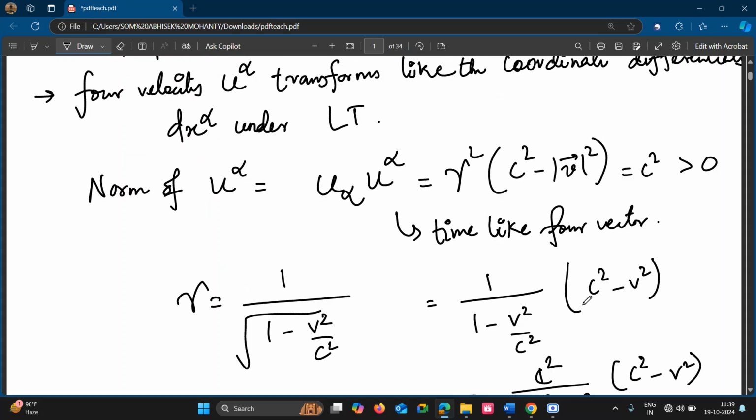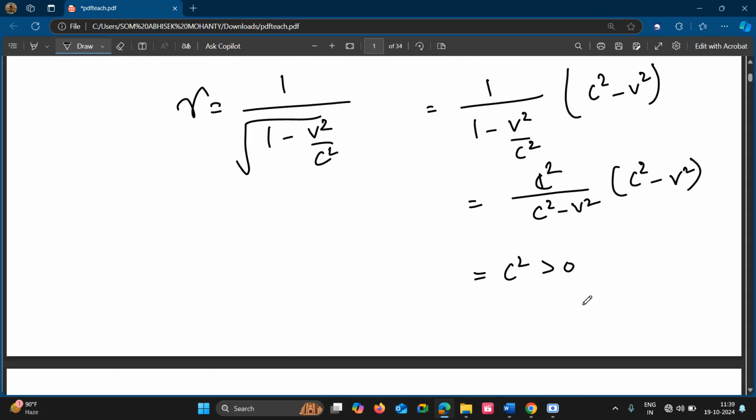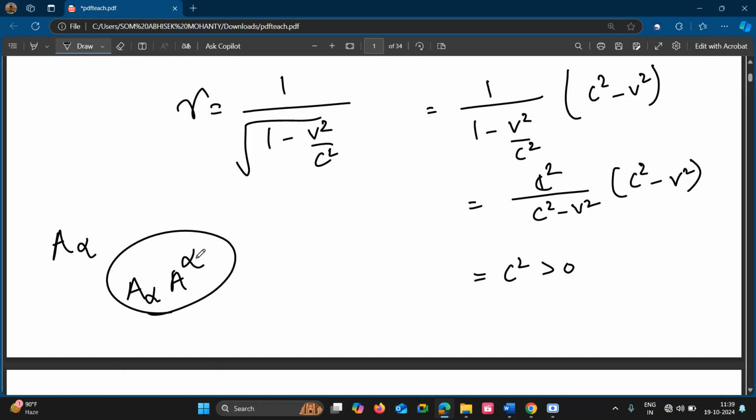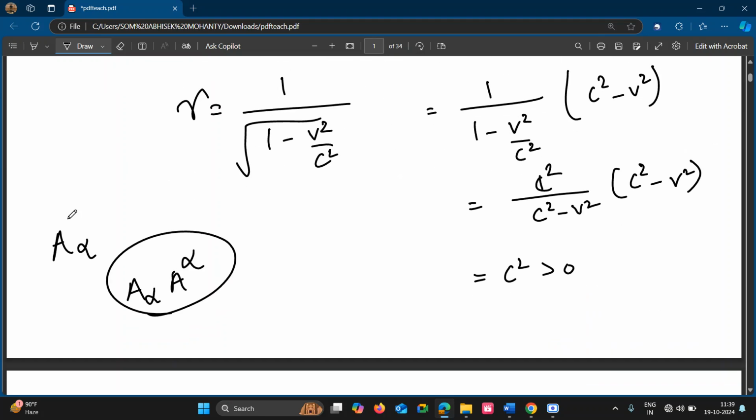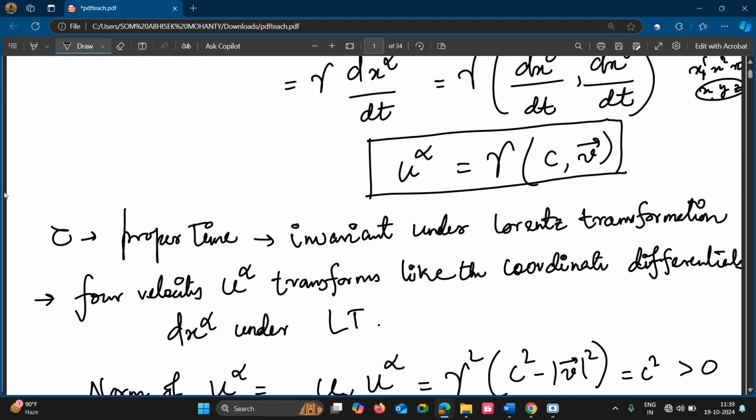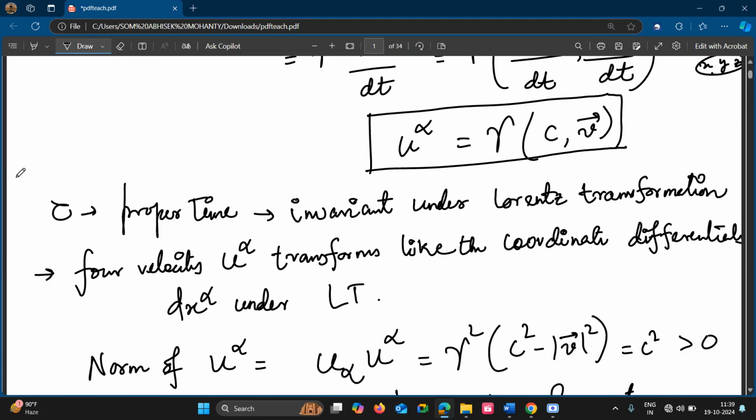This is the norm of u alpha. Norm of anything, suppose a alpha, is a alpha into a alpha. We have studied this in tensors, so everything we are going to study is just an application of tensors here. So this was 4 velocity. Exactly like that we'll now study 4 acceleration.